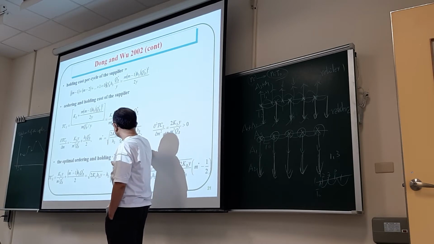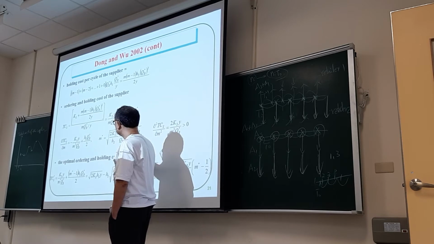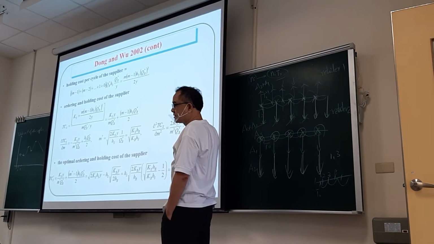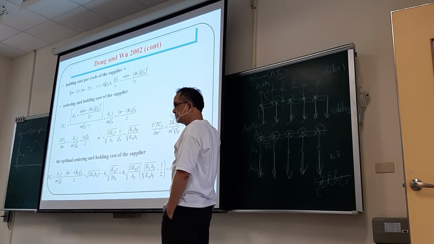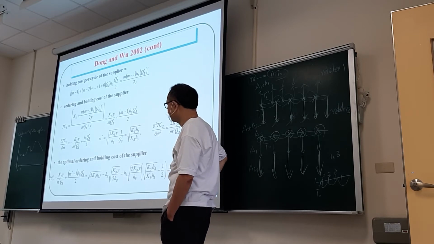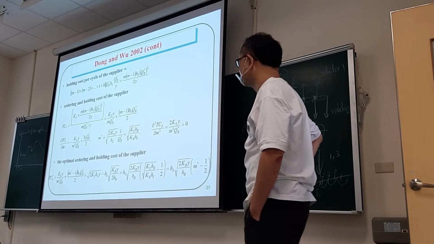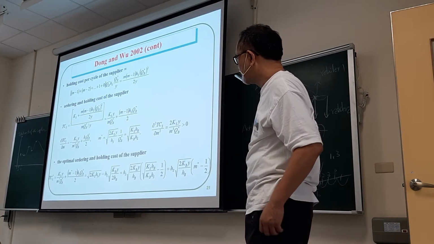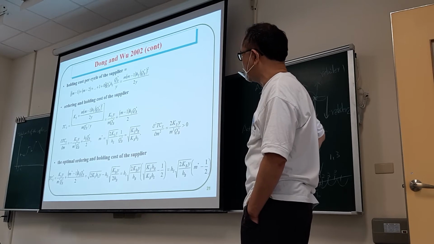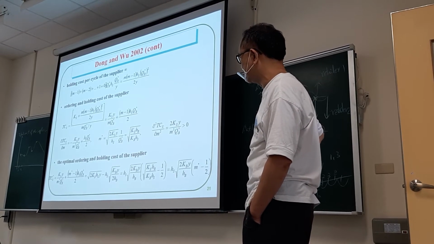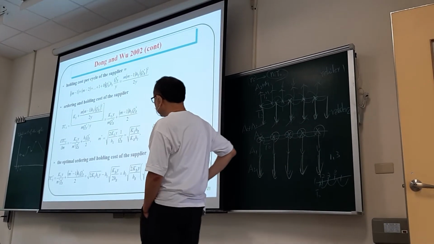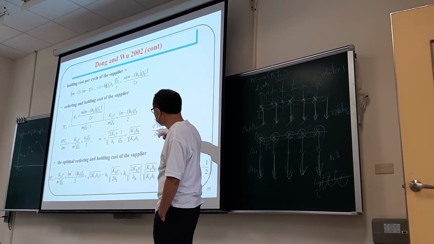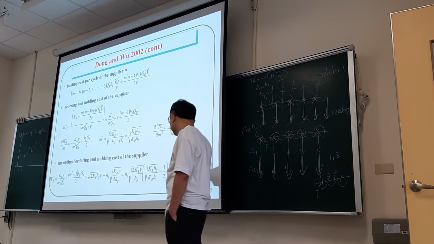We will get this number, because the second order condition is larger than 0. Then the optimal ordering and holding cost of the supplier. Since we already have the M star, plug in the M star, we have this one.